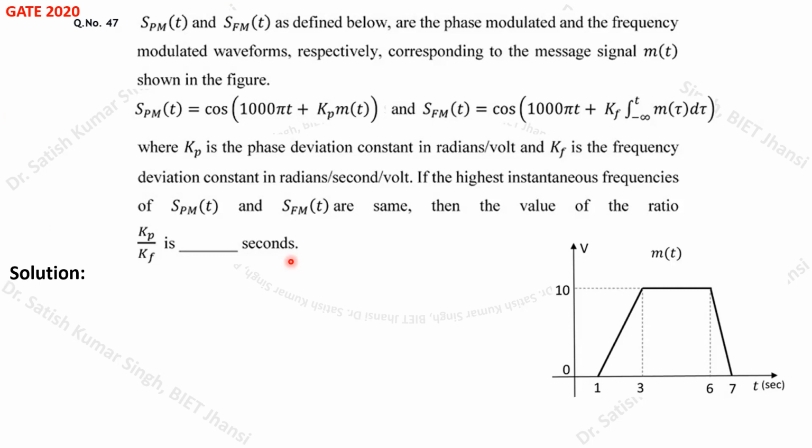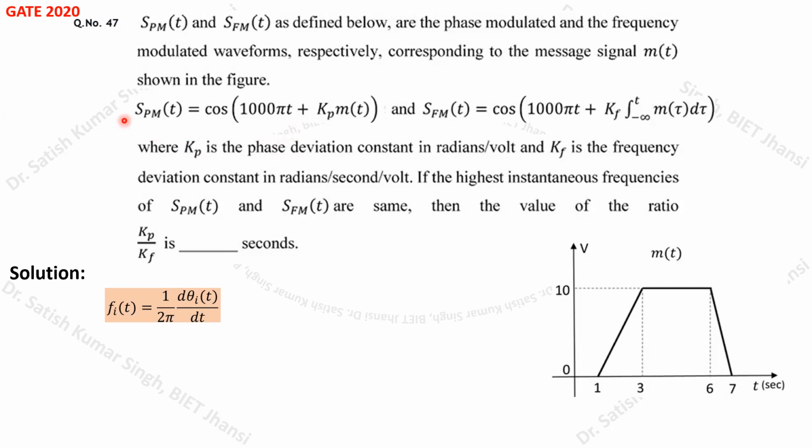As I described in the lecture classes, for any angle modulated signal the instantaneous frequency is defined by this expression: fi(t) = 1/2π · dθi(t)/dt, where θi(t) denotes the instantaneous angle of the given modulated signal.